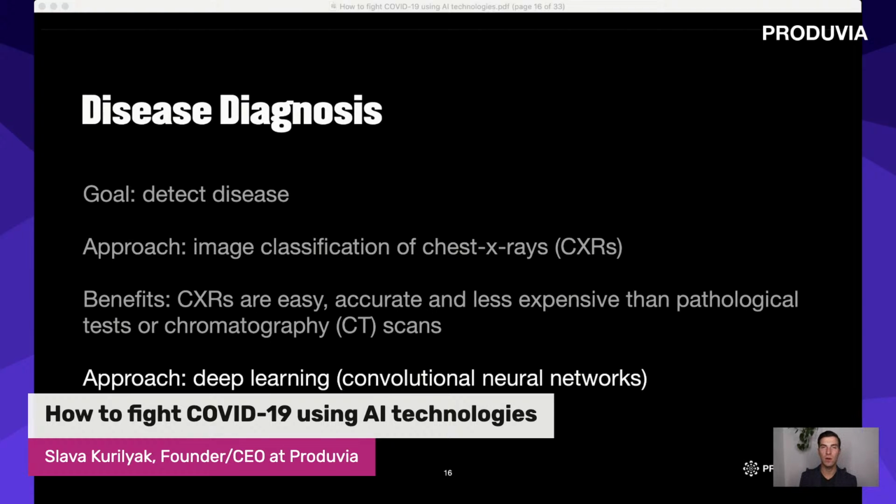This is an area where the healthcare practitioner who is analyzing the chest X-ray scans can now spend less time doing so, and more importantly, can focus on providing a better healthcare outcome for the patient. This is super, super critical. How can we find the virus? And today we can use neural networks or deep learning models such as convolutional neural networks to perform image classification, and we're now able to detect COVID on a specific image.